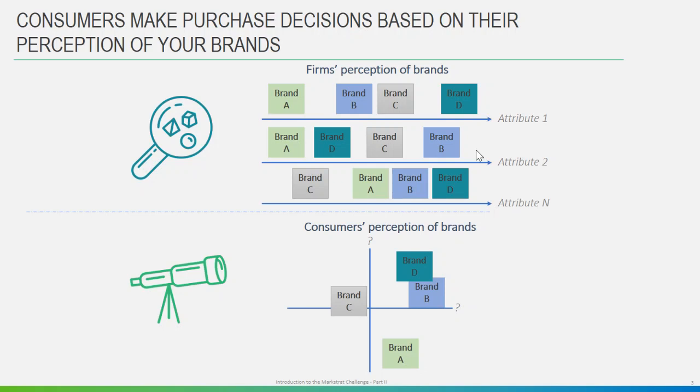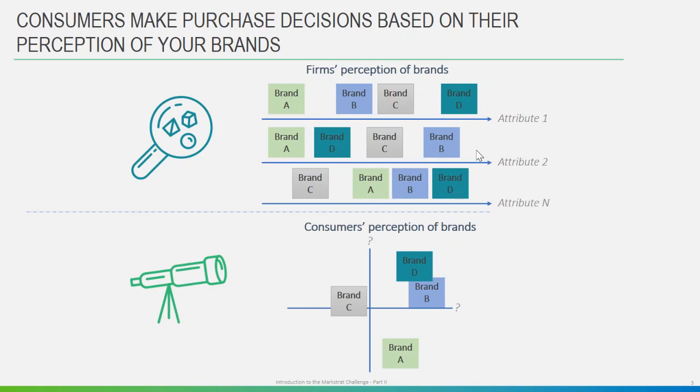like I said, make decisions. The challenge is that firms have ideas about how they want their brands to be perceived, but in the marketplace, it doesn't always work out as desired. And so companies have to do a lot of marketing activities to try to create this desired image in people's heads.